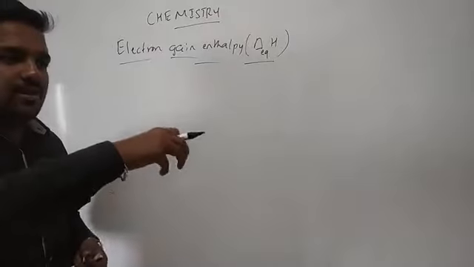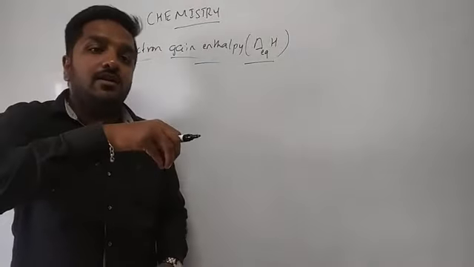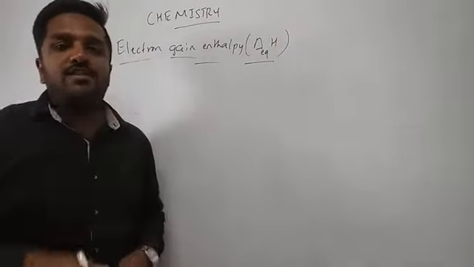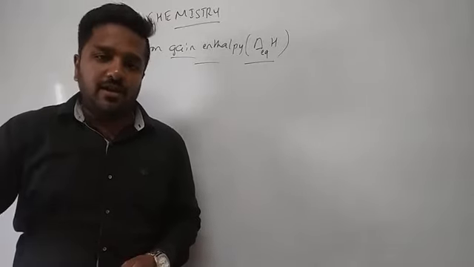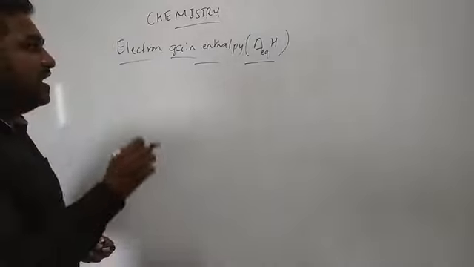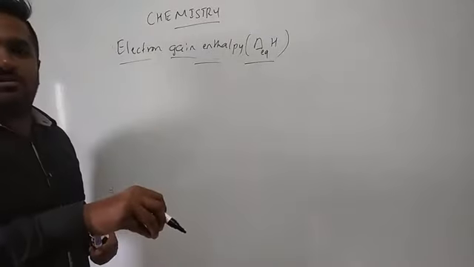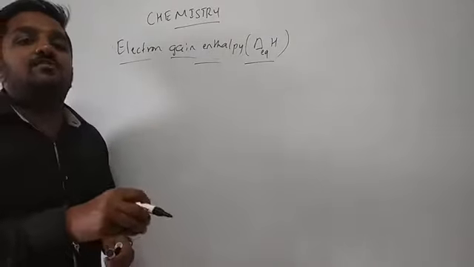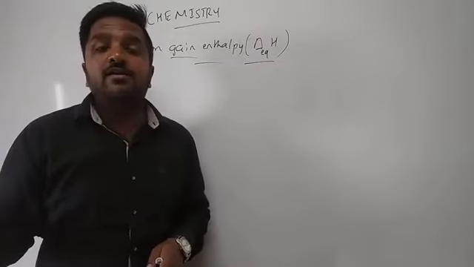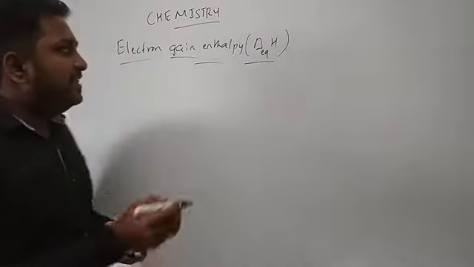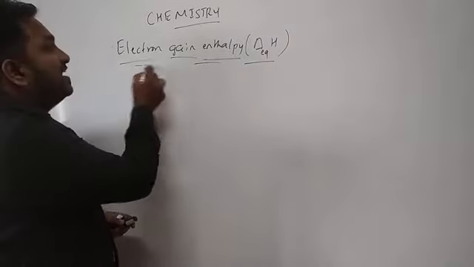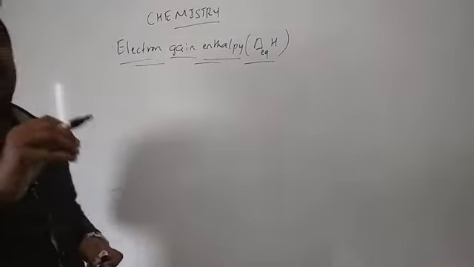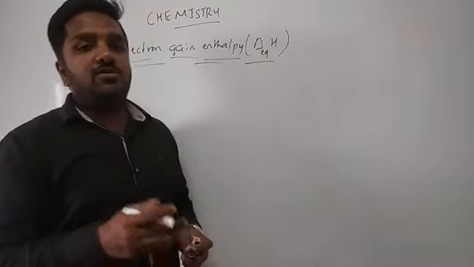Whenever an electron is removed from the outermost or valence shell, that has to be accommodated by another element. So one atom is losing an electron, and that electron has to be gained by another atom. The enthalpy change when an extra electron is added is known as electron gain enthalpy.